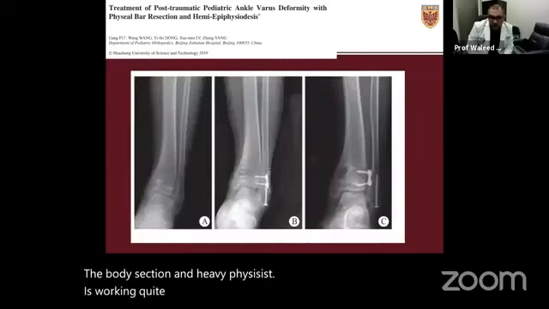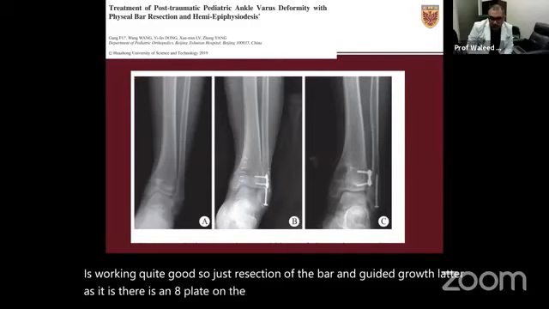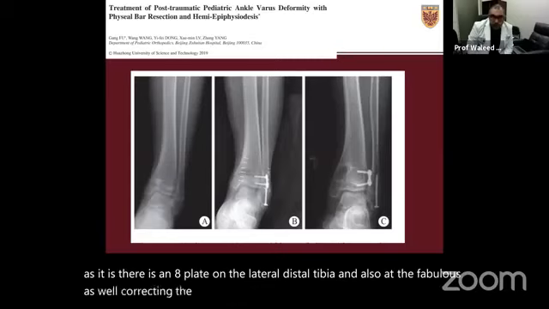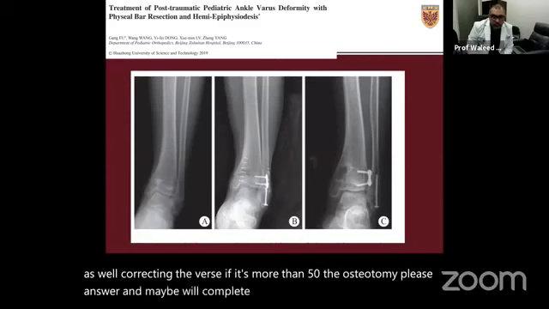So just resection of the bar and guided growth laterally. As you see, there's an 8 plate on the lateral distal tibia and also at the fibula, correcting the varus. If it's more than 50%, the osteotomy would be the answer, and maybe we'll complete the physiodesis.